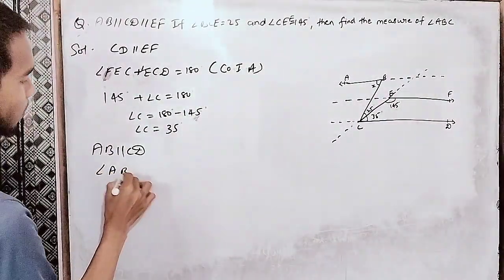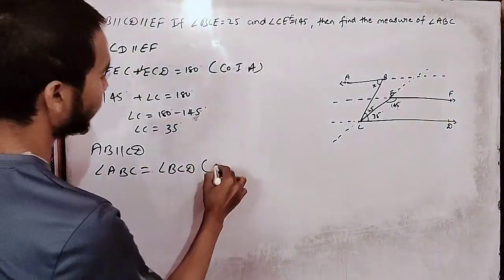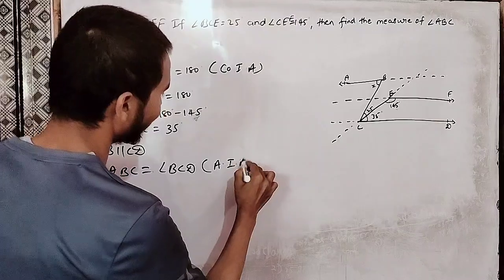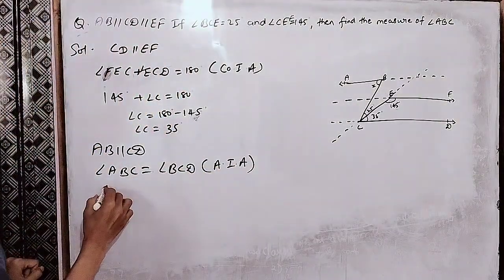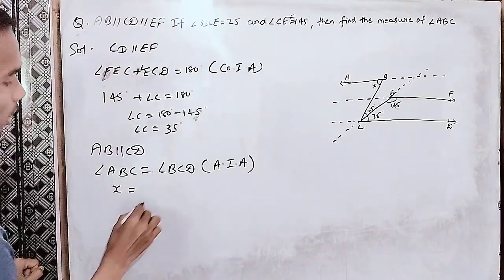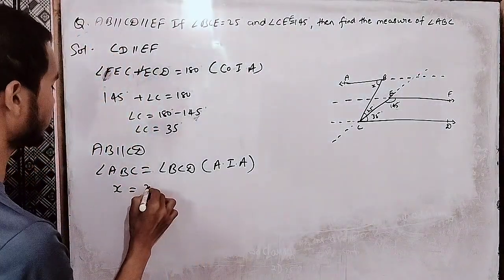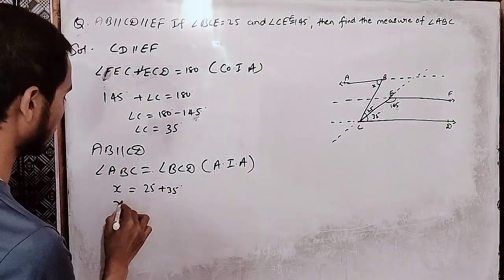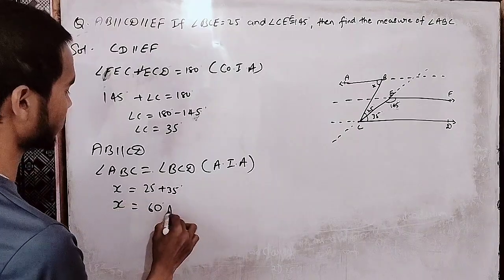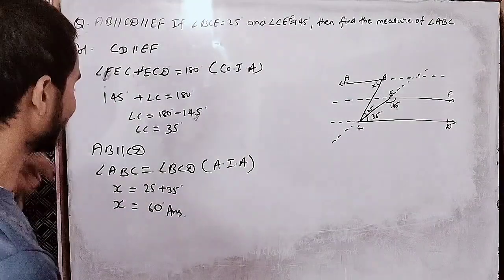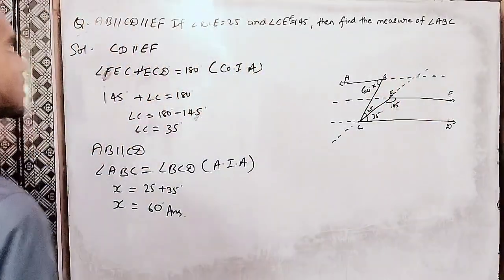So angle ABC would be equal to angle BCD because of alternate interior angles. This is 35 and 25, so 60. That's it.